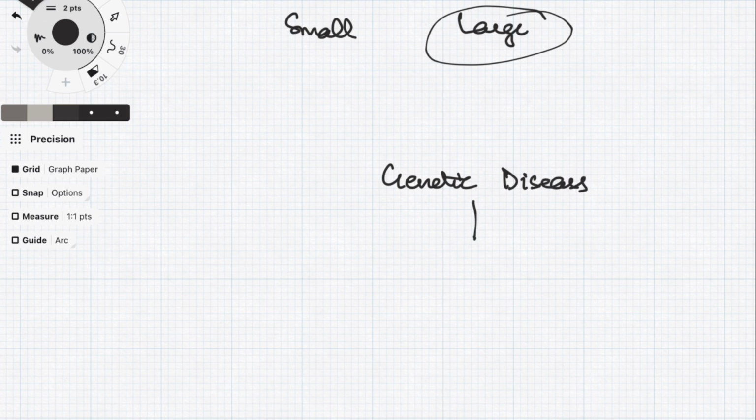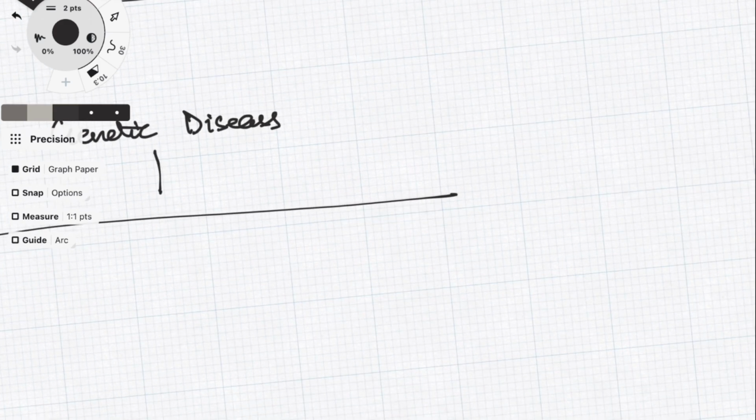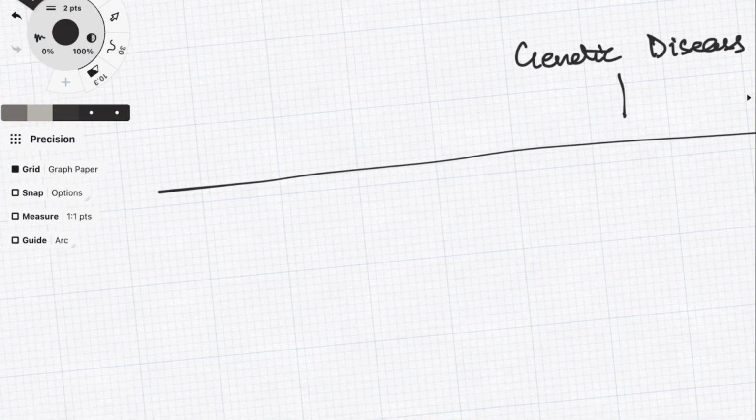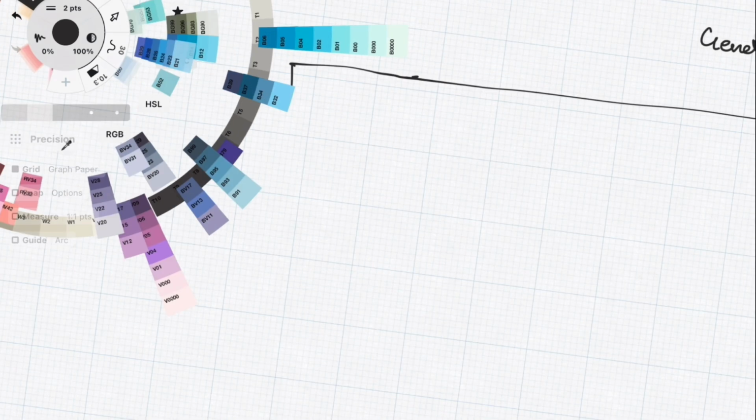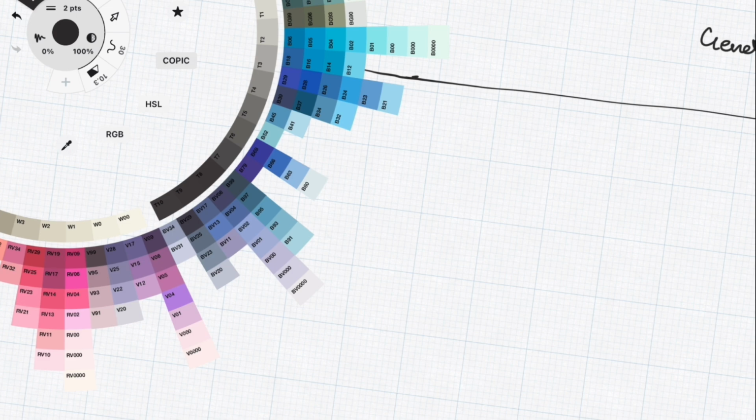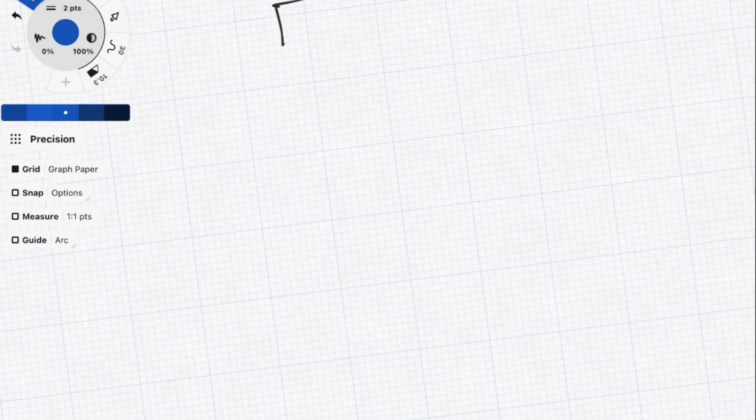Now genetic diseases, we can divide them into three types. So the first one would be chromosomal disorders.